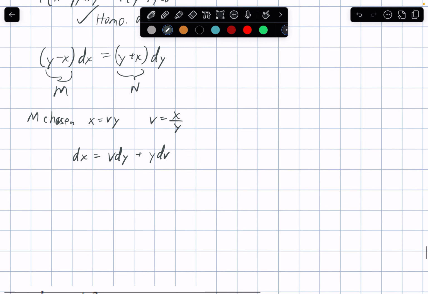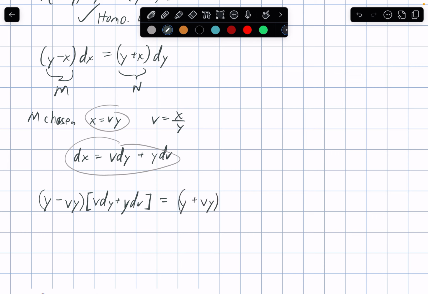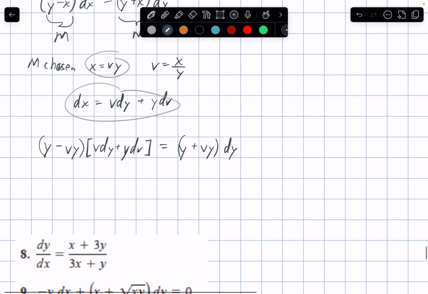Okay, so let's substitute now. x equal to vy. y minus vy times dx, which is v dy plus y dv, equal to y, just copy. x is vy, and then times dy, just copy dy.